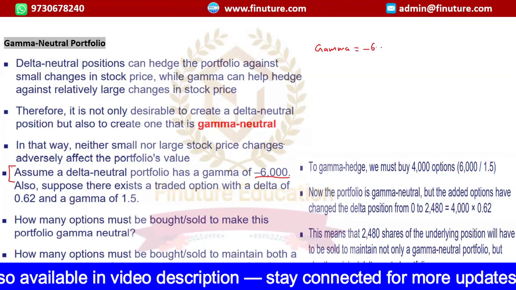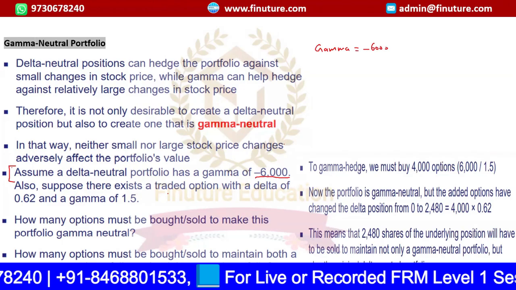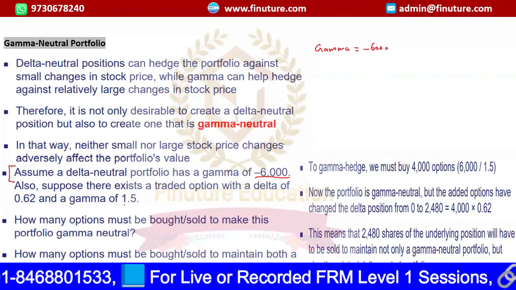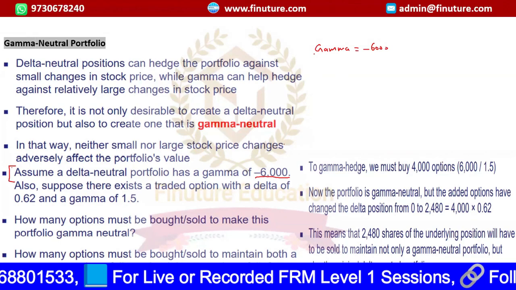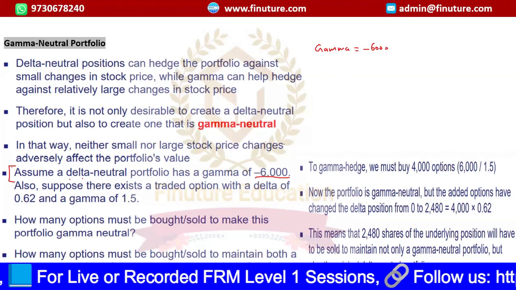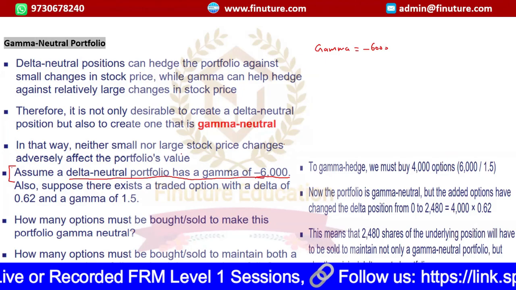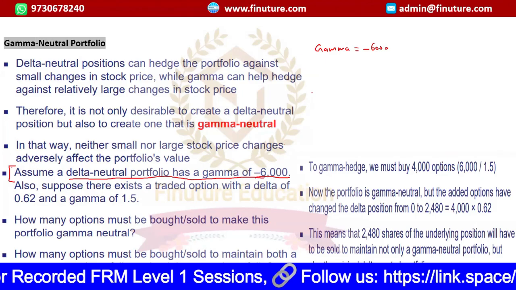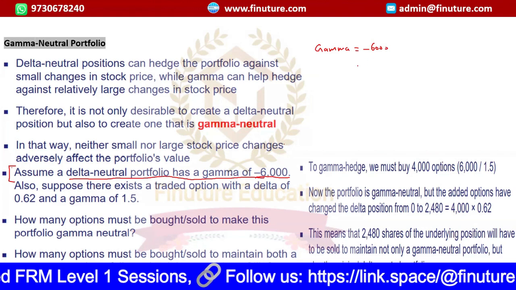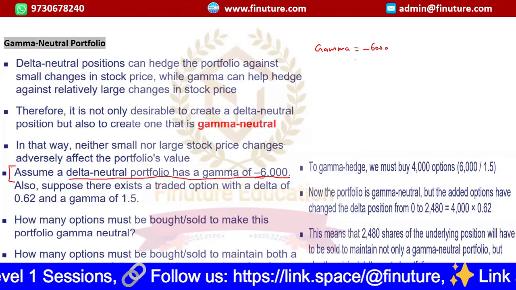This is the gamma of your main portfolio, a delta neutral portfolio. Now we want to hedge this minus 6,000. I want to purchase some option wherein I can avoid this loss of minus 6,000.